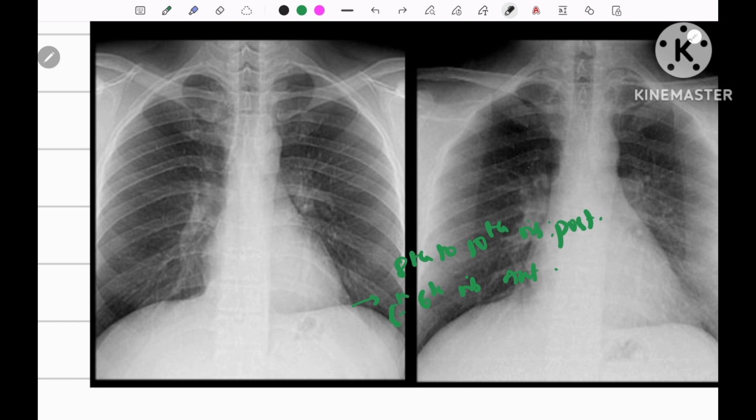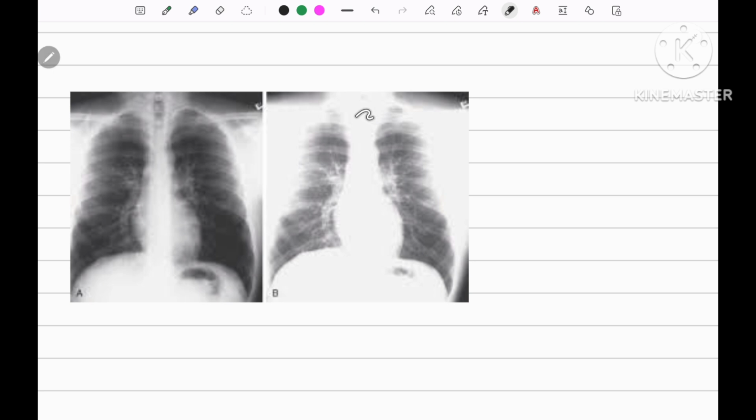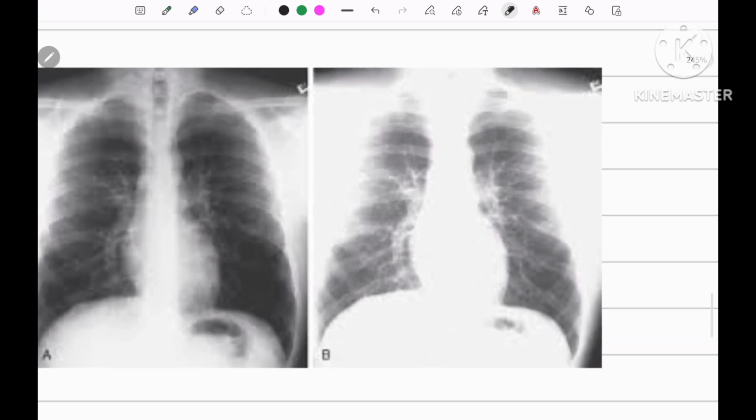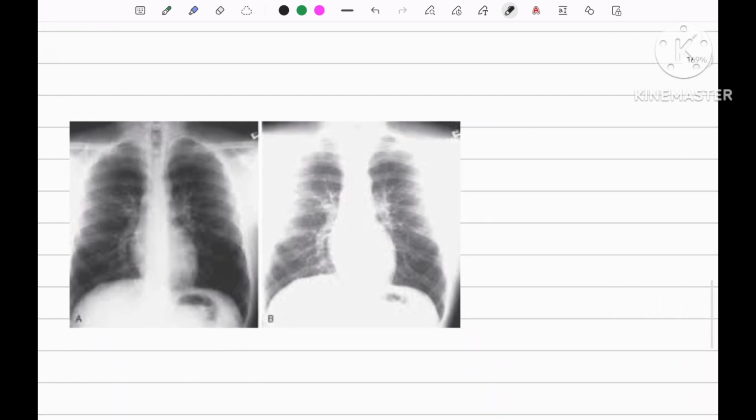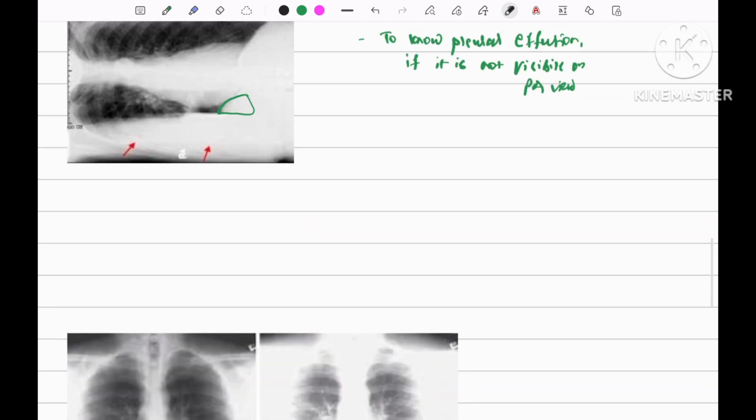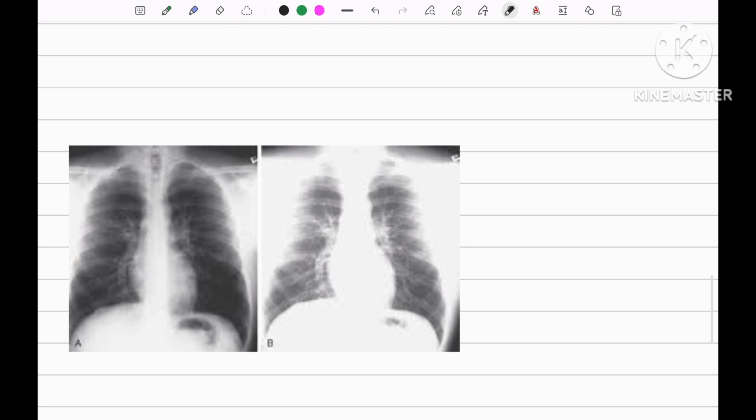In case of underexposure and overexposure X-rays, in underexposed, underpenetrated films, intervertebral discs are not clearly seen, but in overexposed films we can see the intervertebral discs clearly. In overpenetrated films, the lung is also more blacked out.